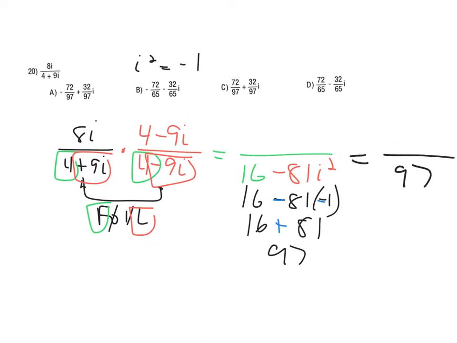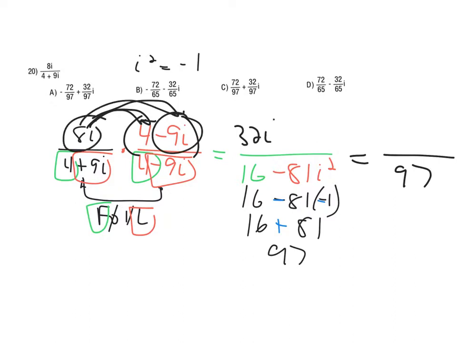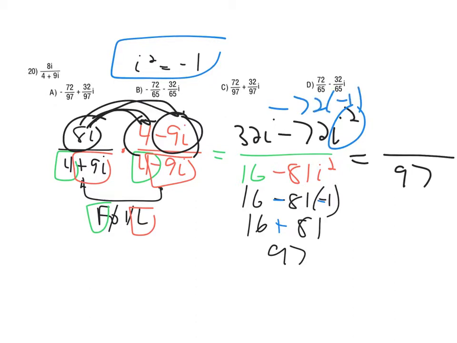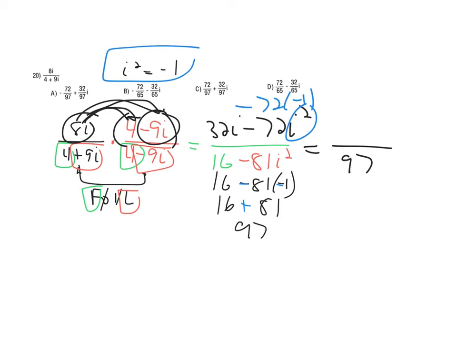My numerator, I'm just going to take the 8i and distribute it to the conjugate, distribute it to the 4 minus 9i. So that's going to give me 8i times 4, or 32i. 8i times negative 9i is negative 72i squared. Remember, i squared is negative 1, so negative 72 times negative 1 is positive 72. So here I have 32i plus 72.